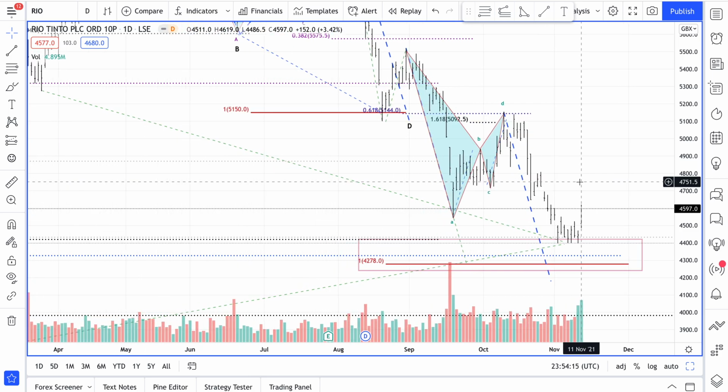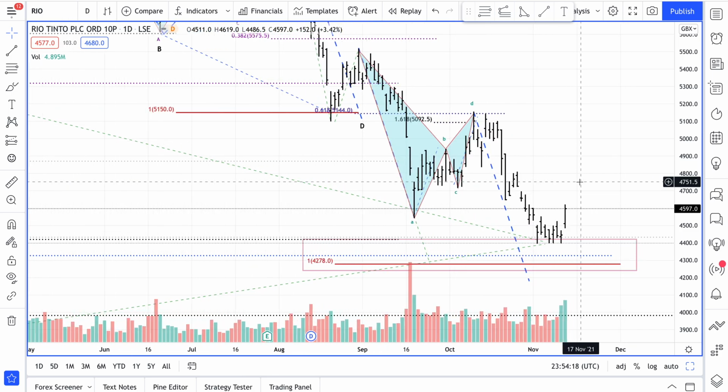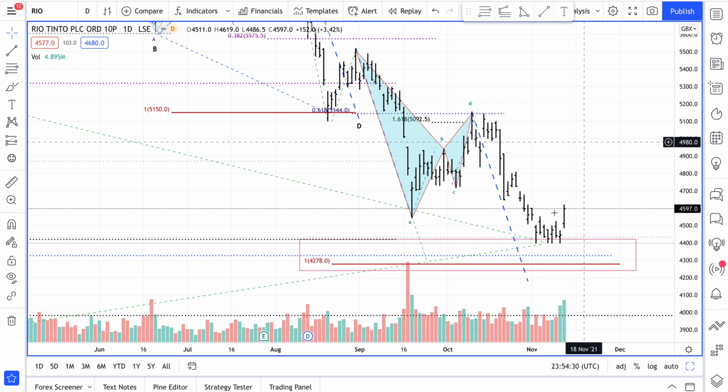It's possible it is moving into its next cycle, where we could have another larger A, B, C, D cycle taking it much higher. But this is the support zone it is in, and that needs to hold for this analysis to be valid.